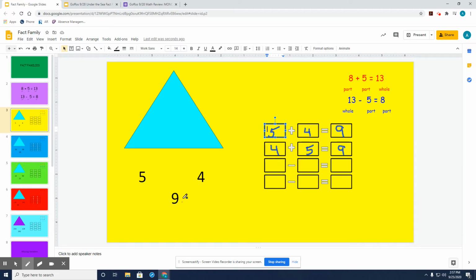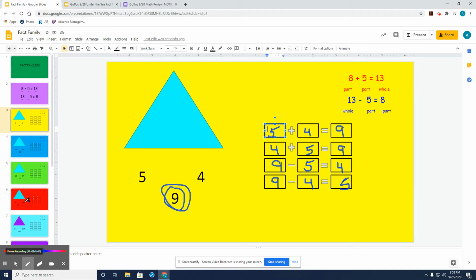With my subtraction, I start with my largest number, 9, and then I just choose one part. So I'll put my 5 here, and then I choose my other part, 4. And then again with subtraction, you always start with your largest number, and then you just switch the parts. So 9 minus 4 is equal to 5.